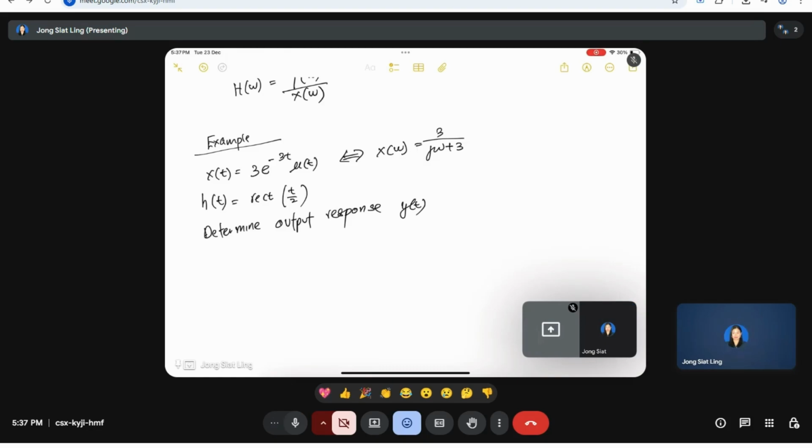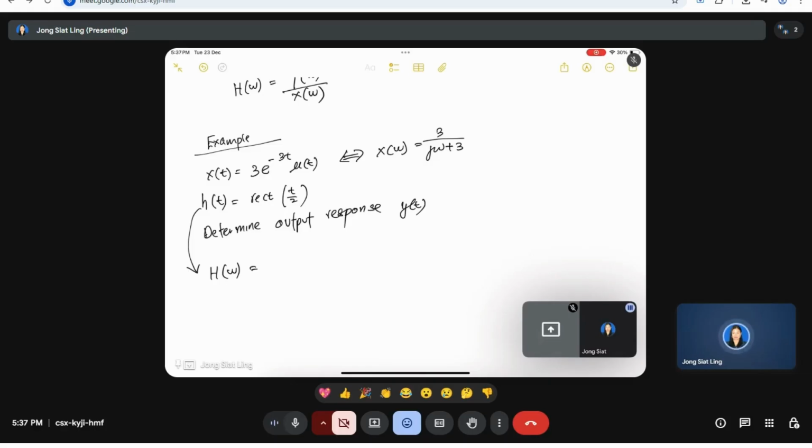For h(t), you need to know what rect(t/2) is, so we can find H(omega), the Fourier transform of this.